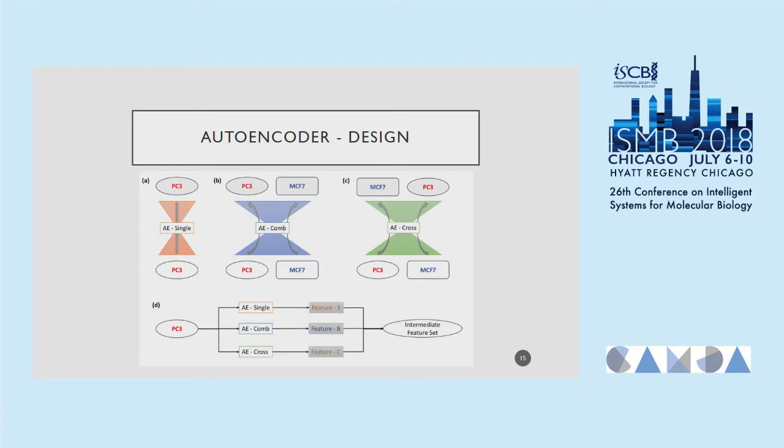So now we have three autoencoders. After the autoencoders were trained, we use the raw input, the 22,215 features, to go through these three autoencoders and extract their bottlenecks, which I call the features. The feature S means single, B means combined, C means cross, and then I combine them together to get the intermediate feature set.